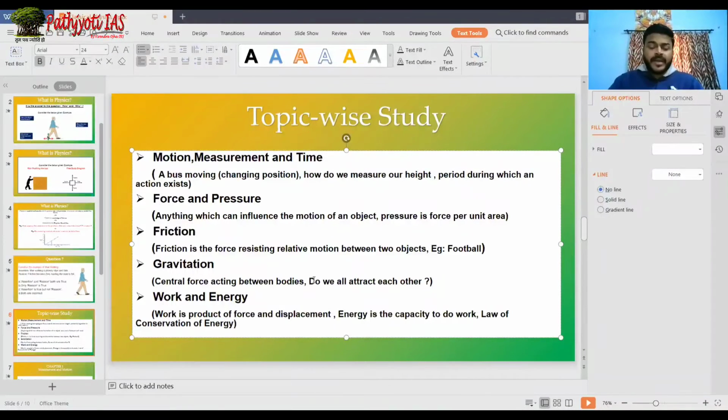For example, if I meet you somewhere, say the Pathjyoti IA Center in Allahabad, does that mean I'll come and cling to you? If we are attracting each other, does that mean automatically we'll come and stick to each other? Yes or no? Or any reasons you have for that?